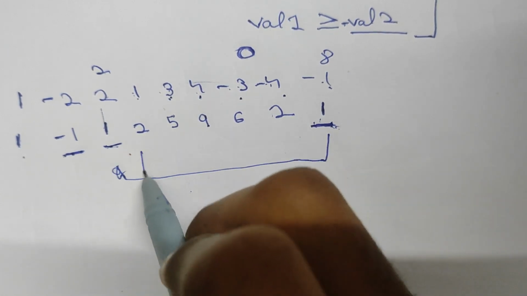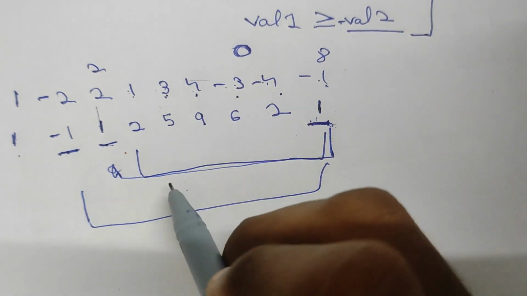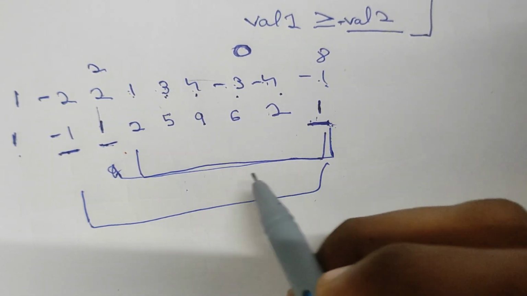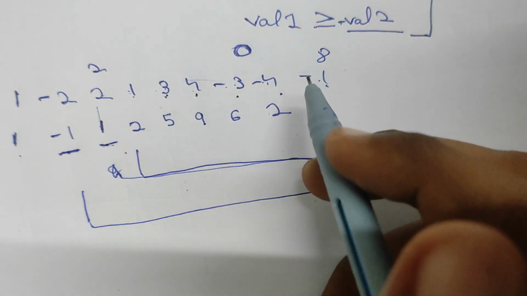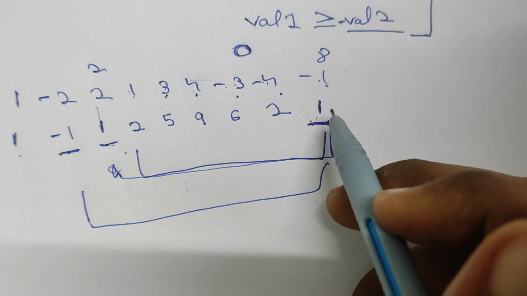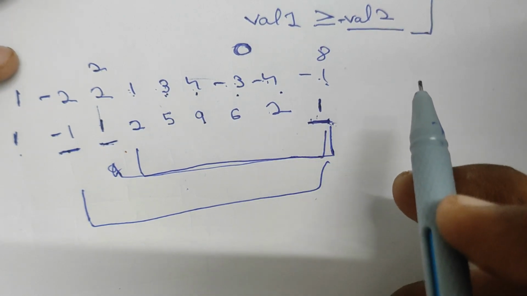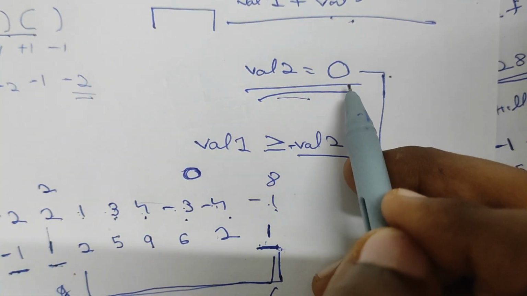So this is one substring and this is one substring. Both these subarrays have sum equal to 0 and both of them end at this particular index. So this is how we compute the number of substrings which have a value equal to 0.